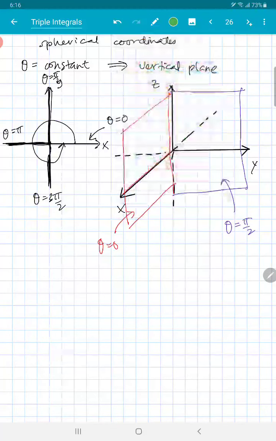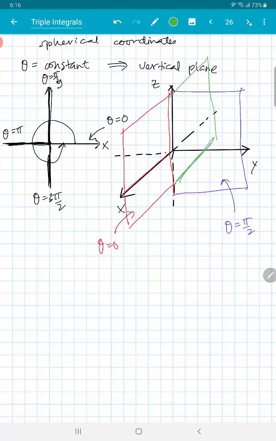And right here a vertical plane, this is an angle pi, so that plane is theta equals pi. And you know the drill. If it's pi over 4, then it will be in between these two planes. So theta equals a constant will give you a vertical plane. I think it's easier to understand because it's very similar to cylindrical coordinates.